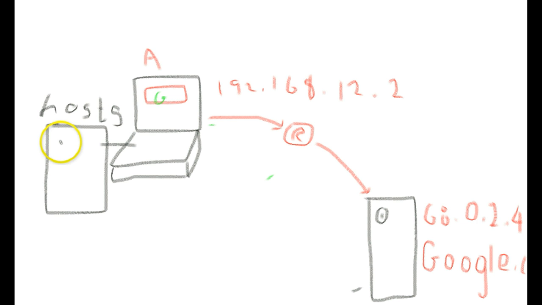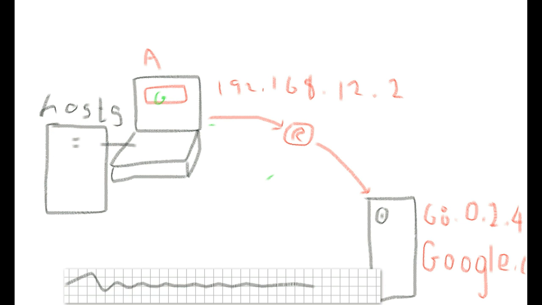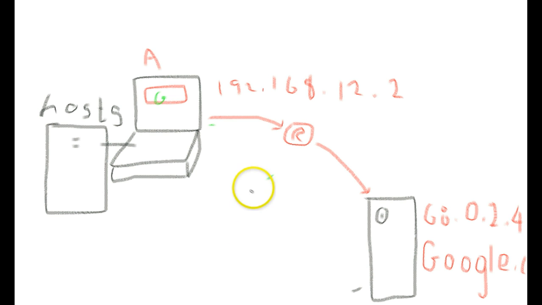This file now will keep that 68.0.2.4 equals google.com, and every computer will have one. Now, as you can imagine, this is very cumbersome, and nobody likes to manually put this file in the machine and store all of this locally. So what happens is that we all prefer to use the DNS because it makes our lives easier. We don't have to manually manage the DNS.